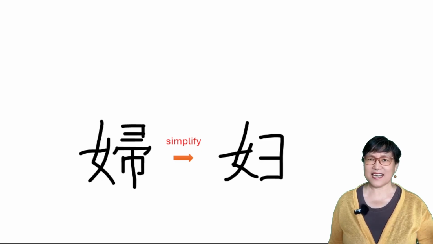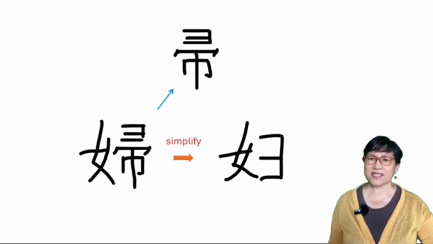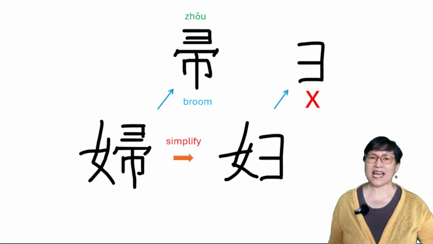This character is an example. In the traditional form, the broom component was itself an independent character meaning broom, pronounced 帚. After simplification, however, this component is no longer used as a standalone character.